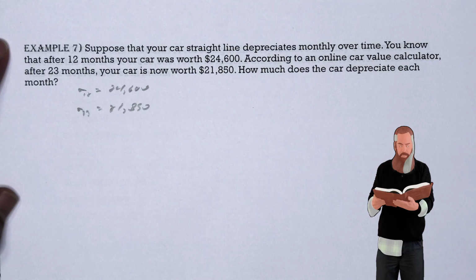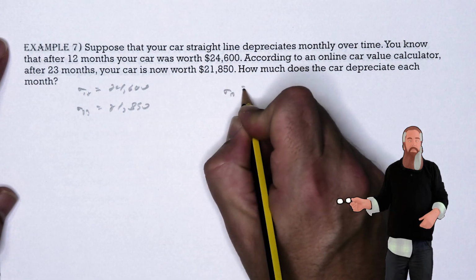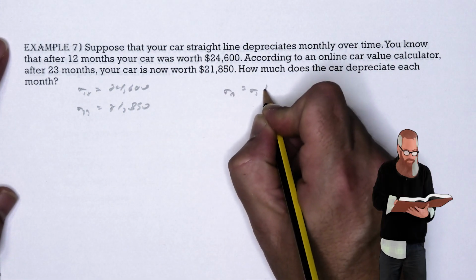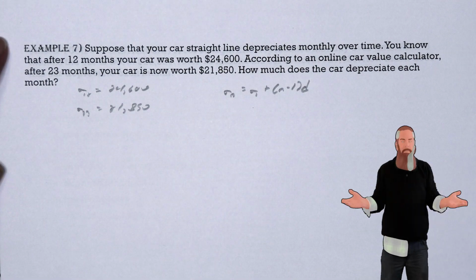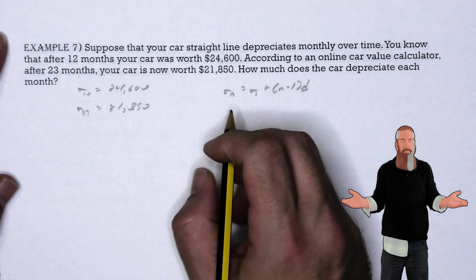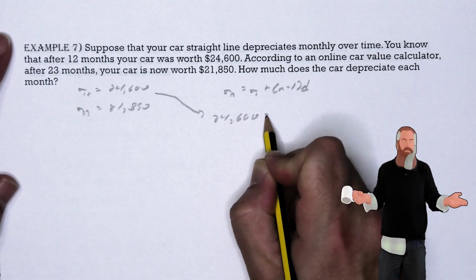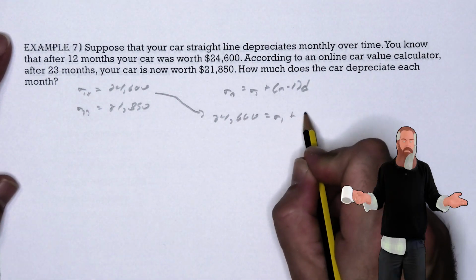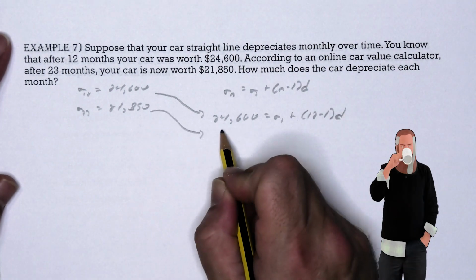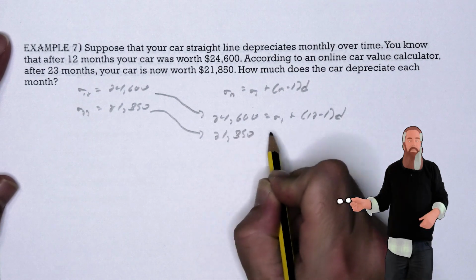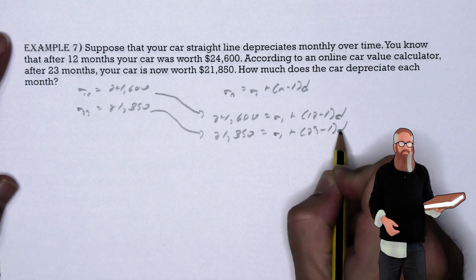and let A sub 23 equal $21,850. The formula for any number A sub n in an arithmetic sequence is given by A sub n equals A sub 1 plus n minus 1 times d, where d is the common difference. So with that, we can see that A sub 12 will give us 24,600 equals A sub 1 plus 12 minus 1 times d, and that A sub 23 will give us 21,850 equals A sub 1 plus 23 minus 1 times d.